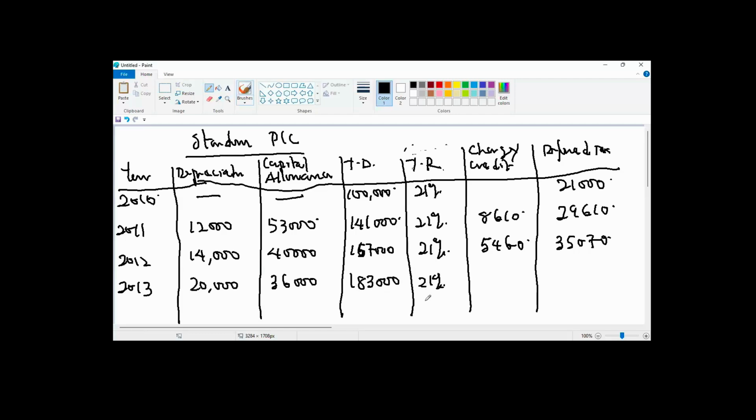Times 21% will give me the closing balance: 38,430.